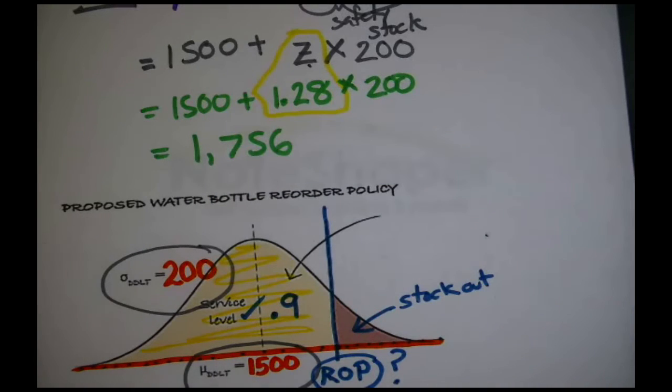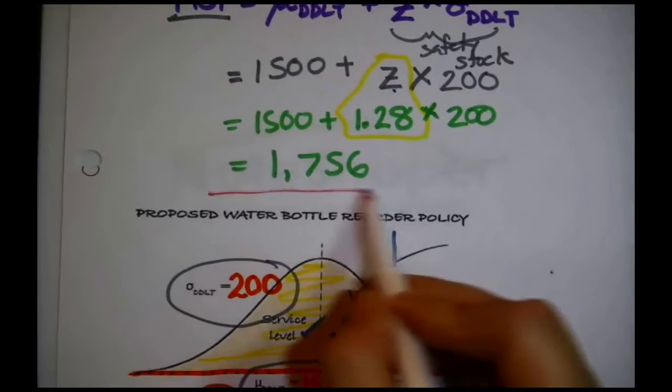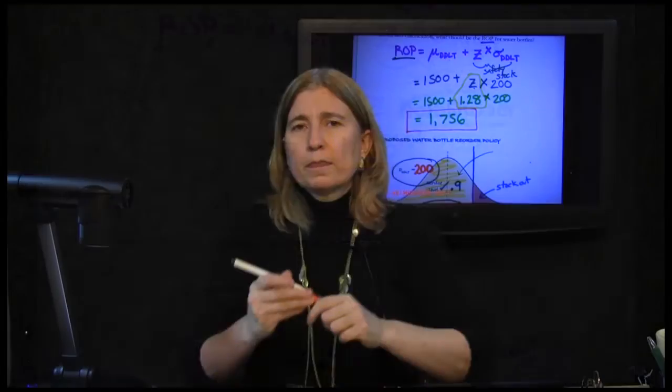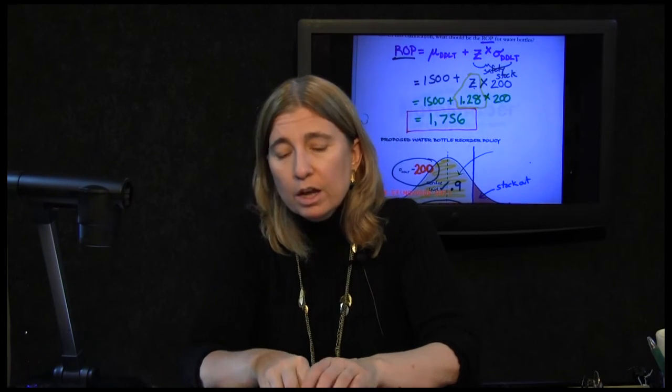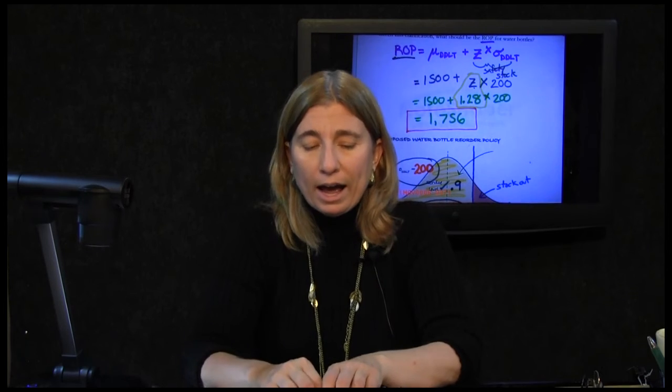So that's the answer, because we were asked to find the reorder point that came as close as possible to a 90% service level. If they want to have enough 90% of the time, but are willing to run a stockout risk of 10%, they should reorder water bottles when there are 1,756 bottles left in stock.